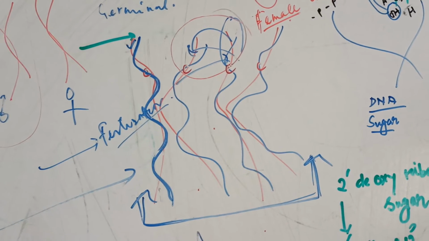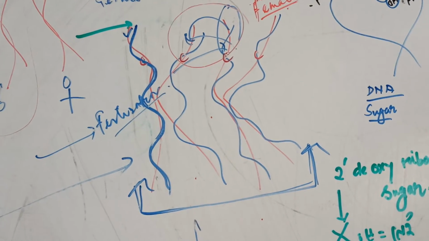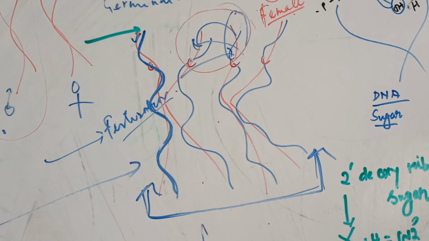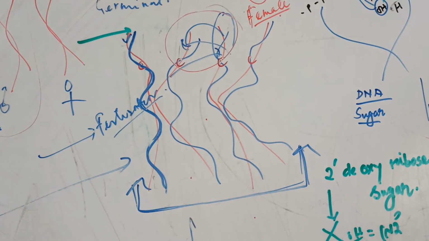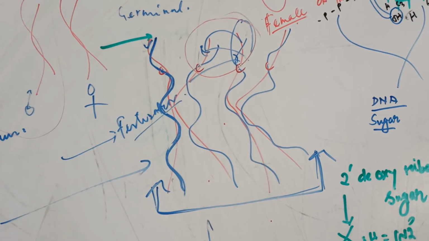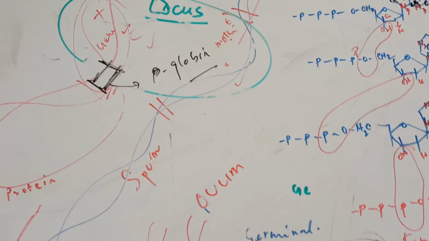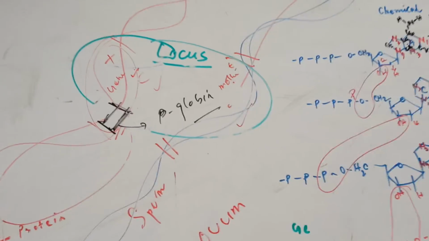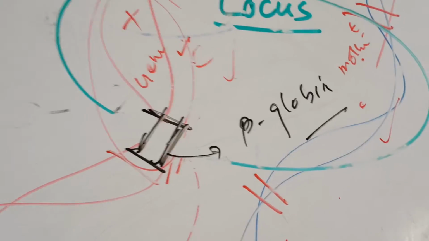So here the genes within the locus have a huge chance of new locus arrangement. This is the locus. So suppose a globin chain of anemia.